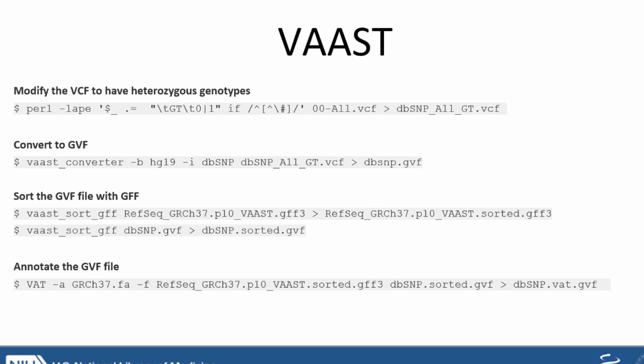You'll want both of those sorted, and then you'll be able to annotate with it. The first part is you're going to run the VAT command for them, and then it's going to be the GRCh37 FASTA file with that GFF3 file that you got from VAAST, and then that dbSNP sorted GVF, and that will give you an annotated GVF from that command.